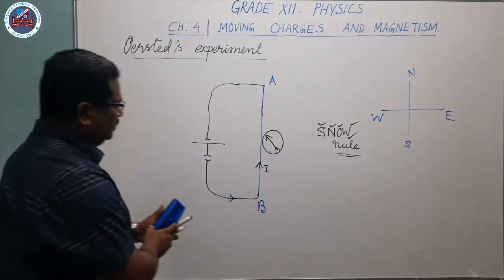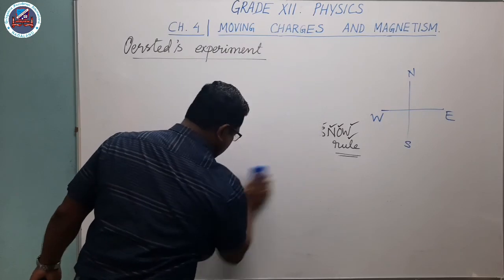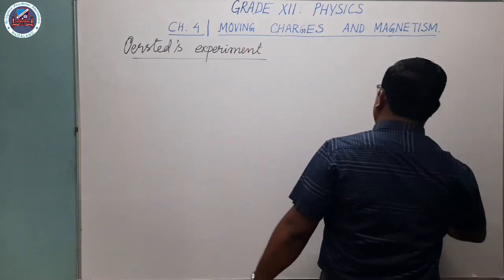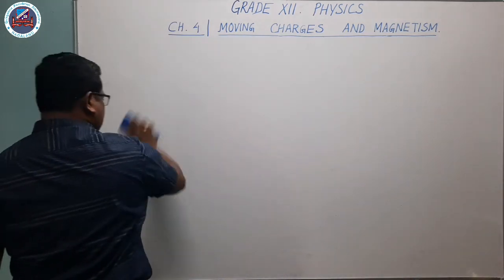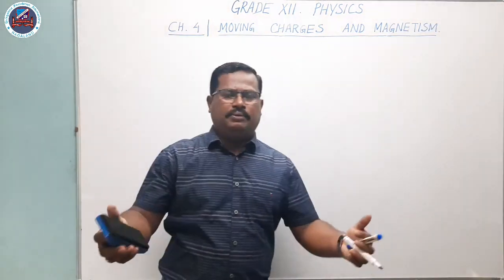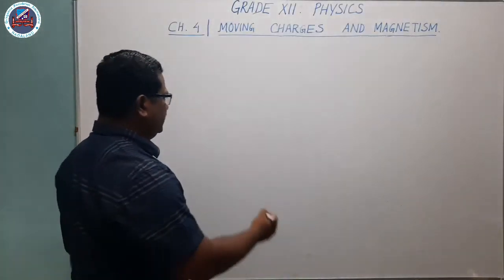Now, the next thing that you learn in this chapter is Biot-Savart's law. When current passes through a conductor and a magnetic field is developed, what type of field is developed? You can find out practically like this.